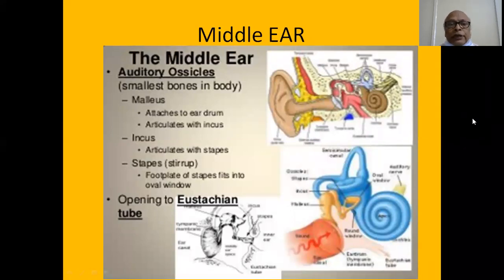Coming back to the middle ear cavity, what does it contain? It contains 3 bones, 2 muscles, 2 nerves, and last but not the least, air. Air is a very essential part of the middle ear cavity.